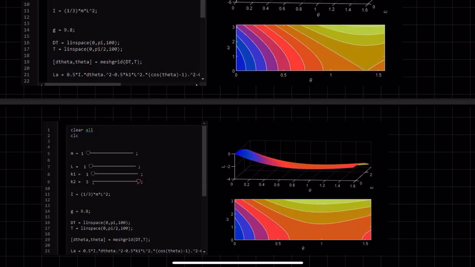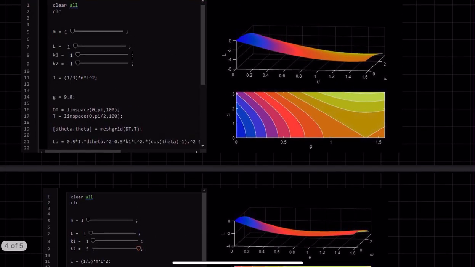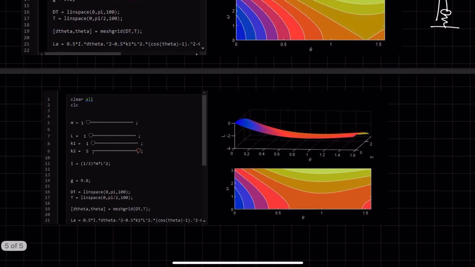So what it means is that in this situation, the stabilizing point is going to be something like this, right? But in that one, it's going to be something like this.